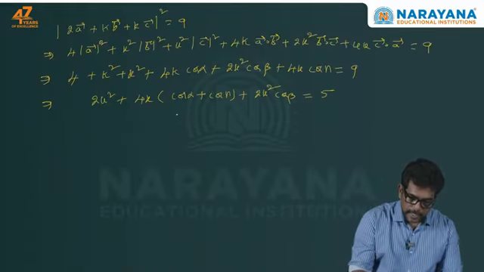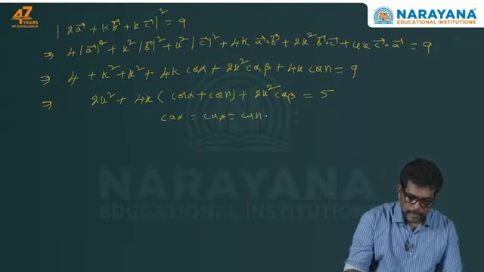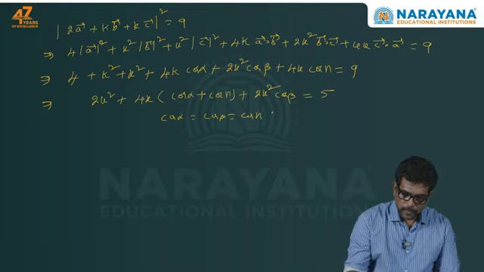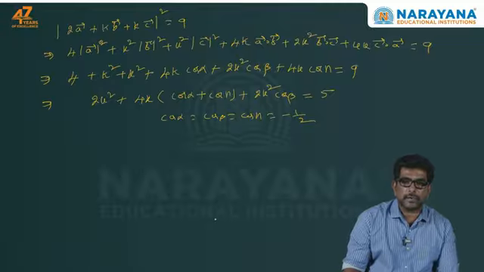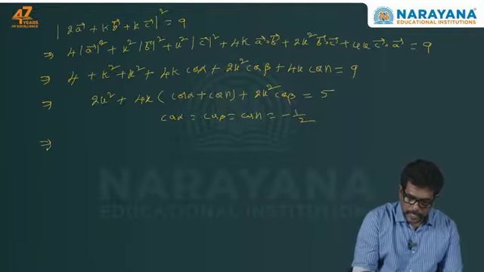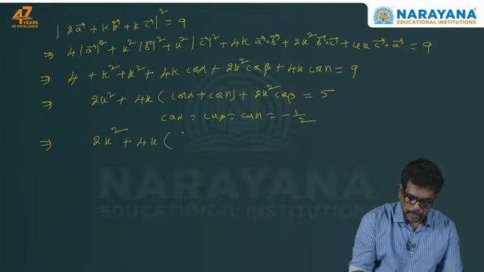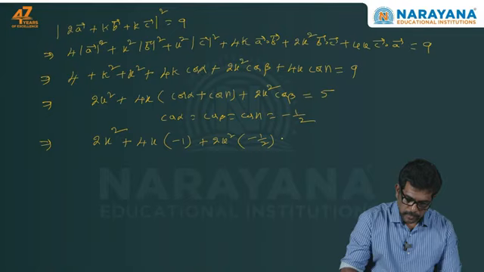Suppose we assume that cos alpha is equal to cos beta is equal to cos gamma, then, because cos alpha plus cos beta plus cos gamma is equal to minus 3 by 2, each one is equal to minus 1 by 2.